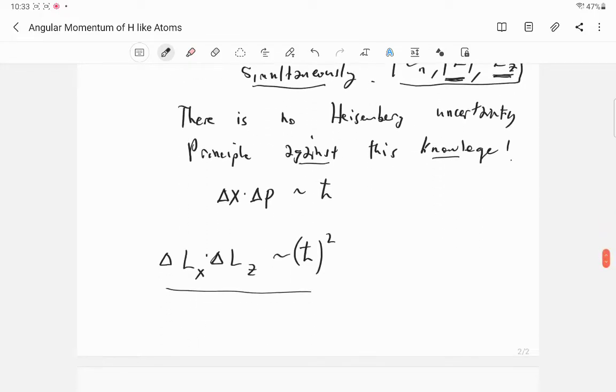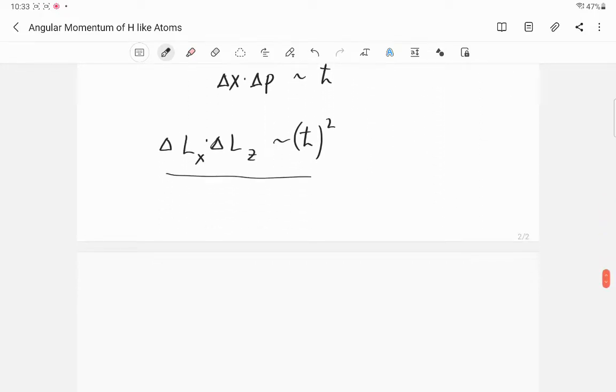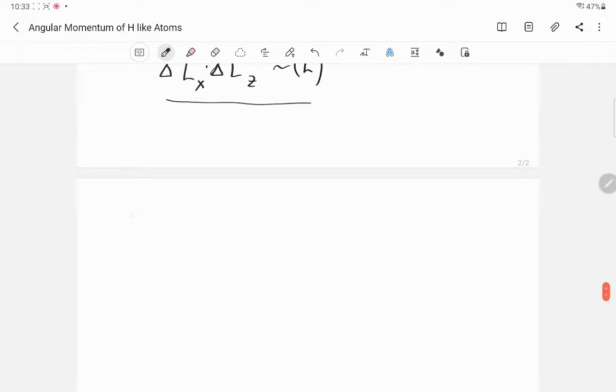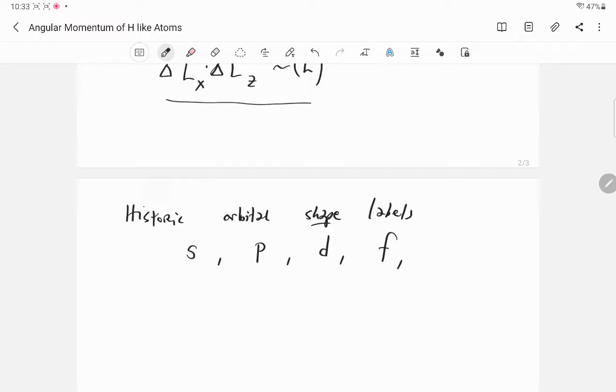Okay, all right. So let's go on and think about angular momentum a little bit more, just some definitional things. The first definitional thing is historic orbital shape labels. These are known as S, P, D, F. Like the S orbital, P orbital, D orbital, F orbitals, I refer to these as shapes.